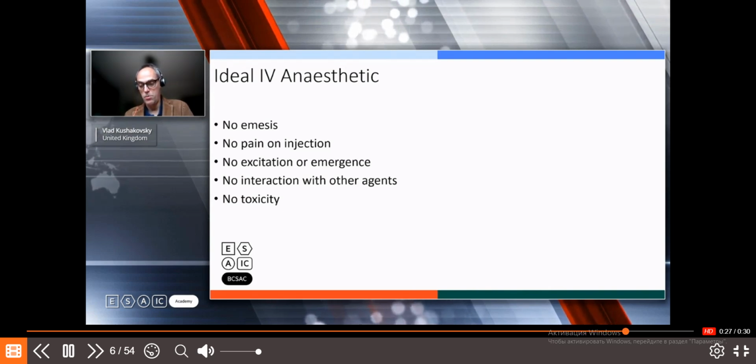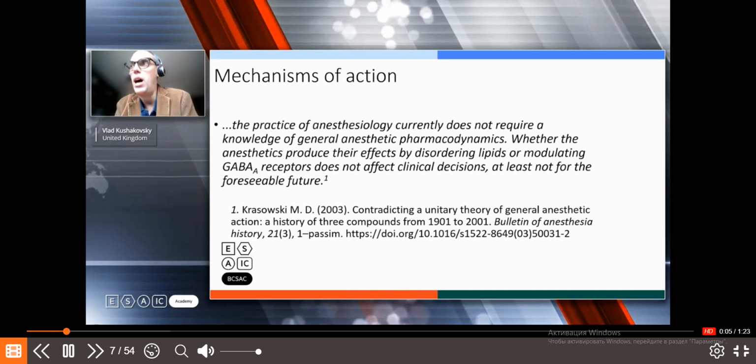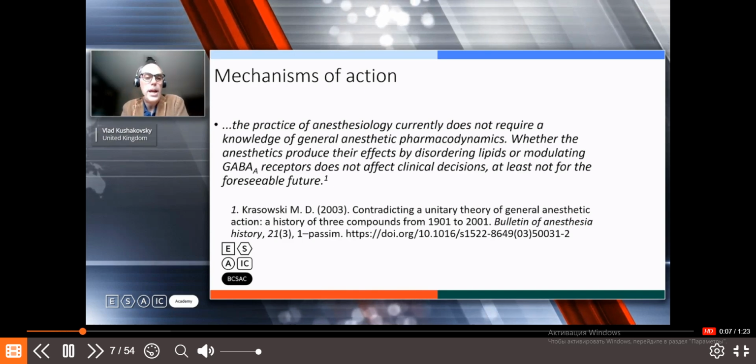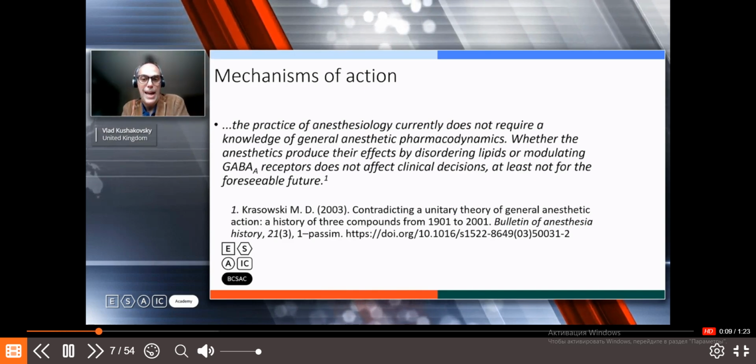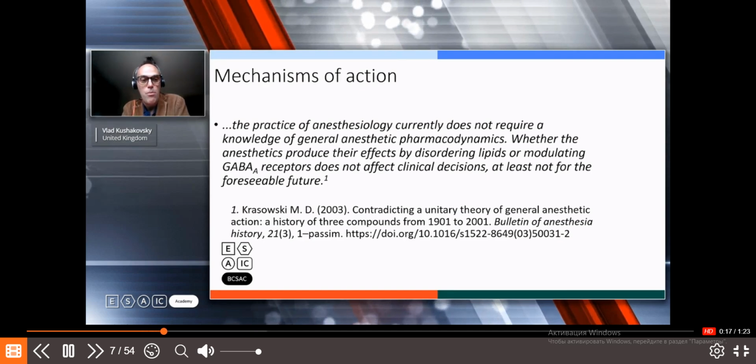They also should be non-toxic. So as you know from the previous slide, we are a little way away from obtaining an ideal anesthetic agent. Some come really close, but probably there is still room for one more discovery.